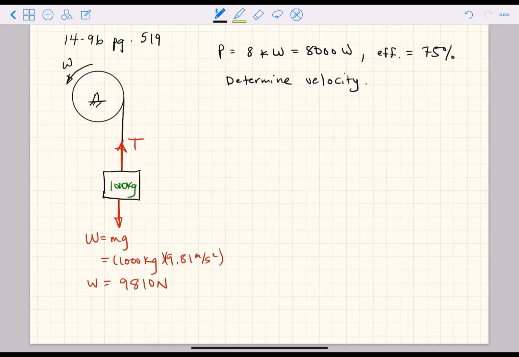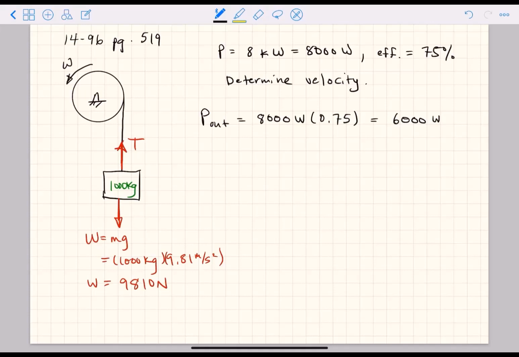So I'm going to assume what they're trying to say is that they are inputting 8,000 watts of electrical energy, and we're going to get out a certain amount of mechanical energy. So that P out would obviously be less than the 8,000 watts being supplied. So we're going to multiply that 8,000 watts times 0.75, which would give us a total mechanical output of 6,000 watts.